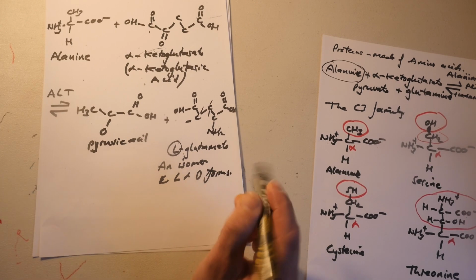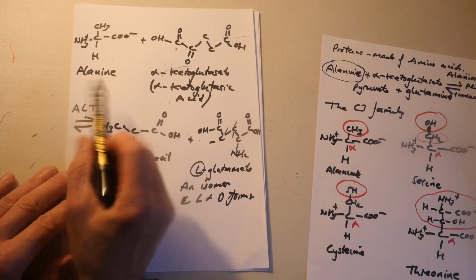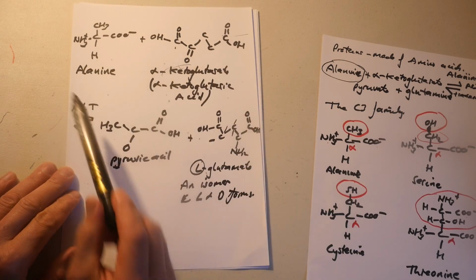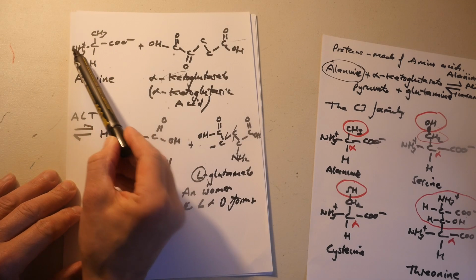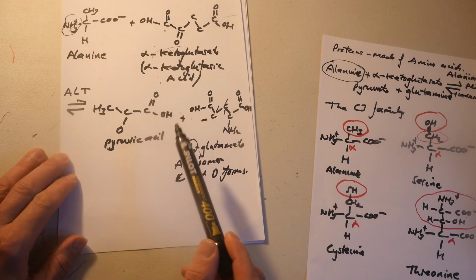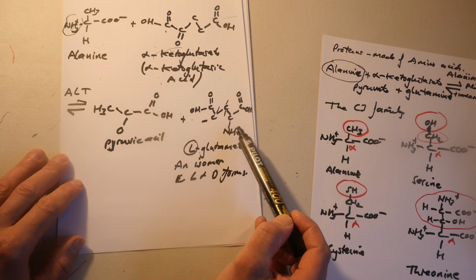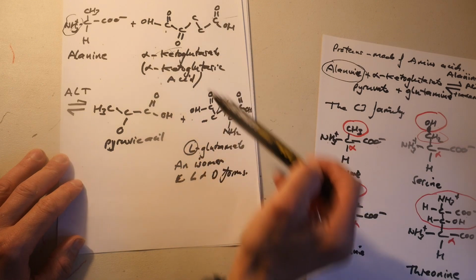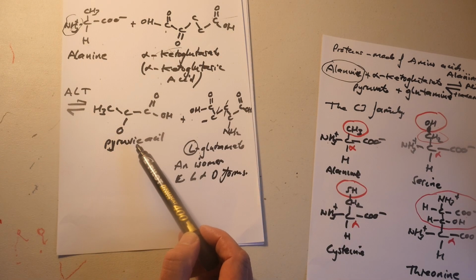So that's the reaction, alanine plus alpha ketoglutarate. With alanine transaminase, the amino group here is transferred to the alpha ketoglutarate, and the alanine becomes pyruvic acid.